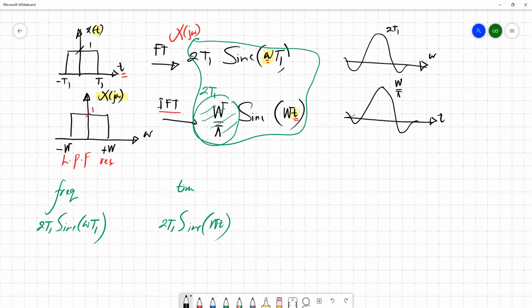So this is the frequency domain function, this is the time domain function. You see that? So the pattern is very similar, exactly the same. Here you have 2T1 sinc(omega T1), here you have 2T1 sinc(omega t). Here omega is the variable in the frequency domain, and this is the variable in the time domain.